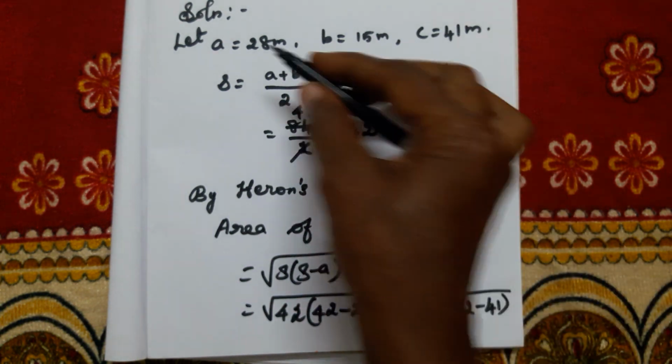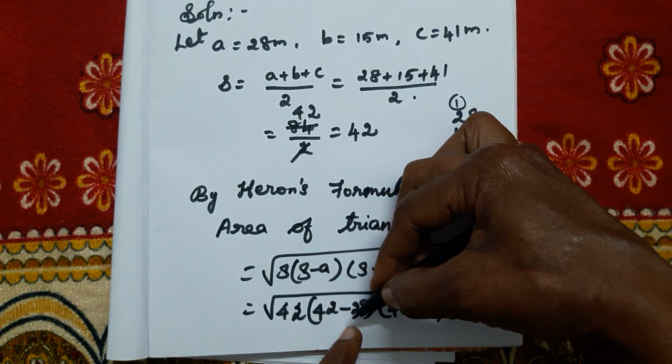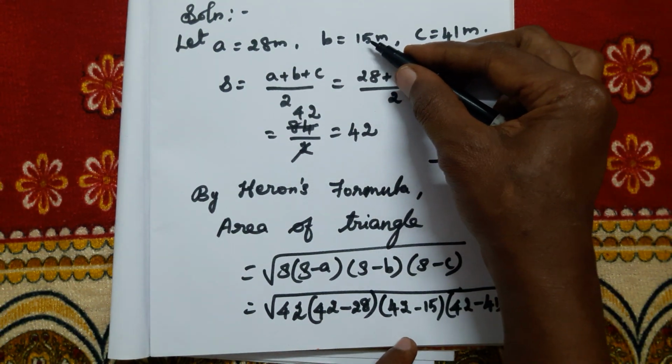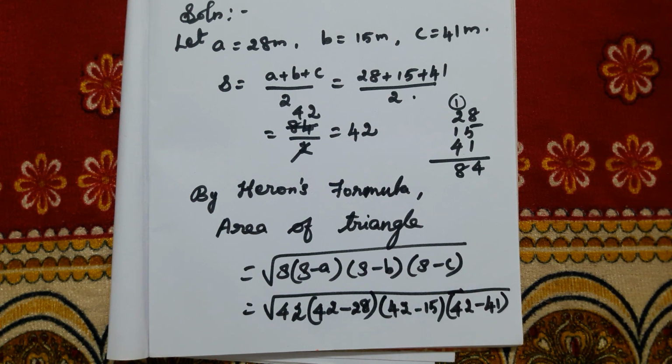Have you all understood? S into S minus A, that is 42 minus 28; S minus B means 42 minus 15; S minus C, 42 minus 41. Okay.